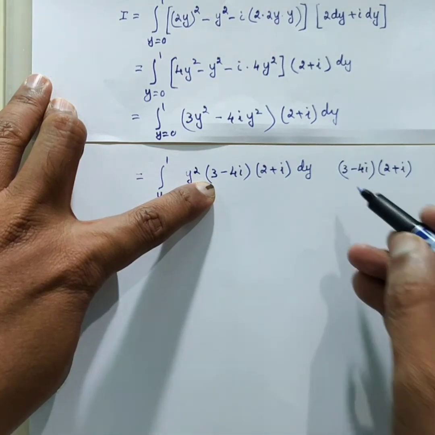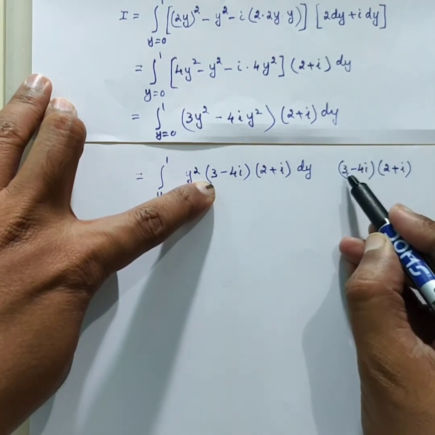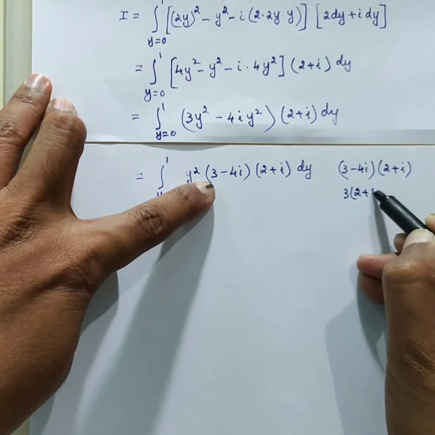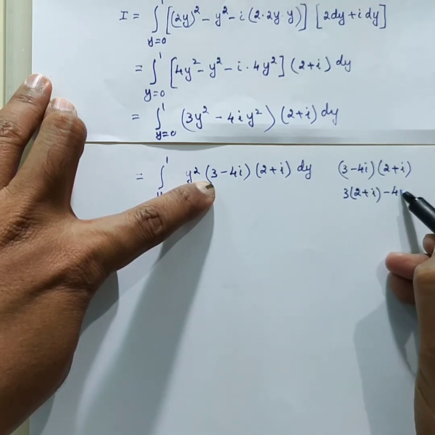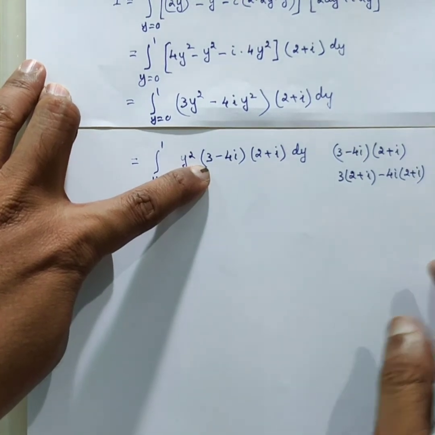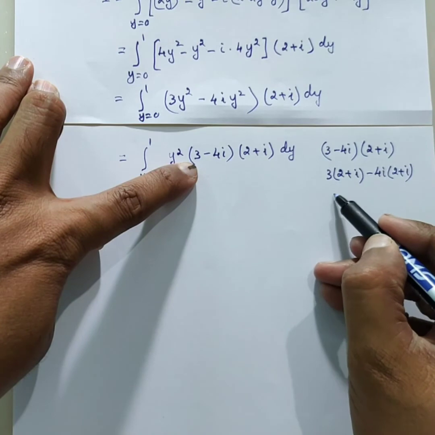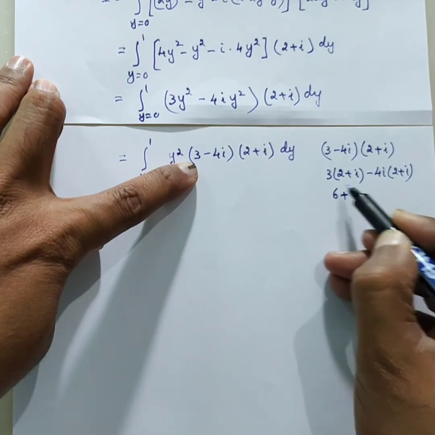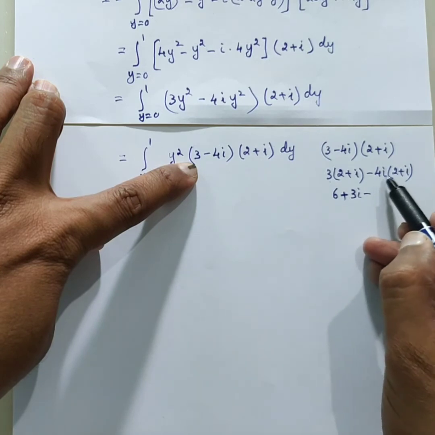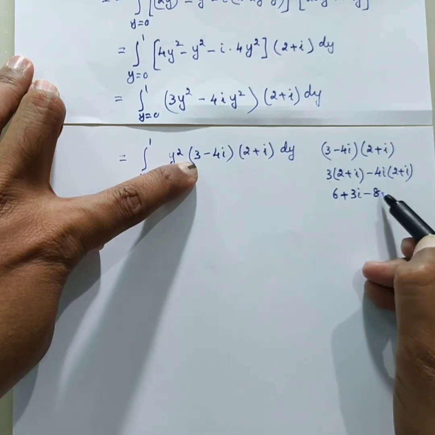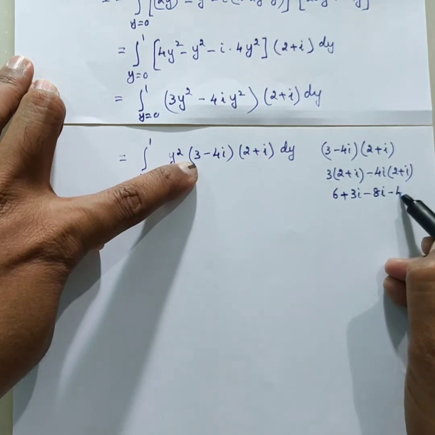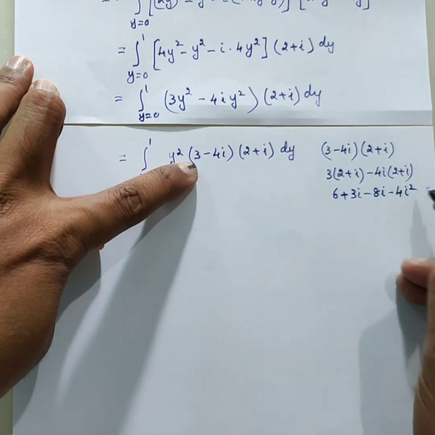Let me first multiply this 3 with 2 plus i, and minus 4i is multiplied by 2 plus i. If you simplify this, 3 times 2 will be 6 plus 3 times i, minus 4 times 2 is 8, so 8i, minus into plus will be minus, and 4i times i will become i².